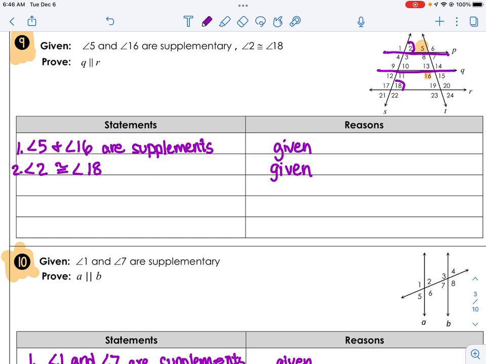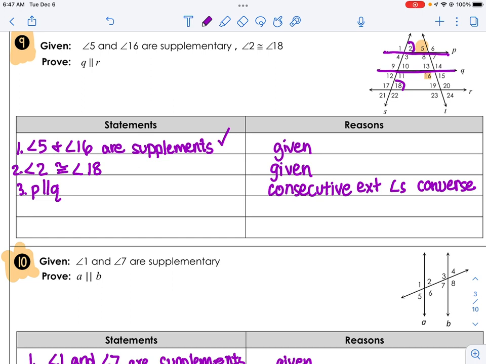So that would mean that line P is parallel to line Q by the consecutive exterior angles converse. It's always a good idea to get any lines stated as parallel that you can, because then you get a lot of angle relationships.